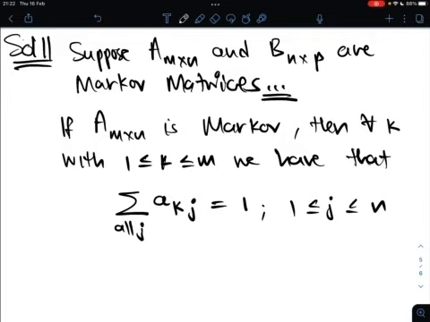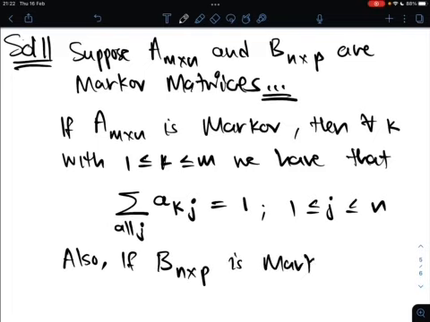And also, if B, an n by p matrix, is Markov, what does it mean?